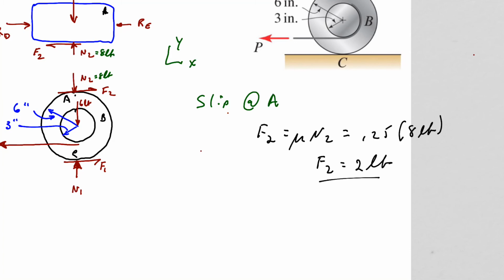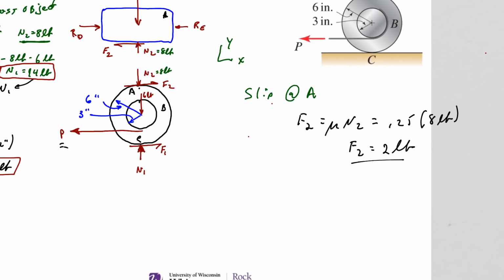So this is assuming slip at A, right? So it has to slip at A. So to solve this then, we can look at spool B again, and then we're going to sum moments at C, and this will solve for P.